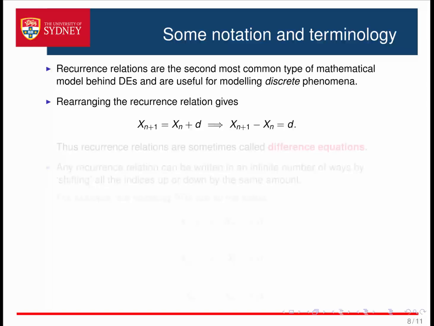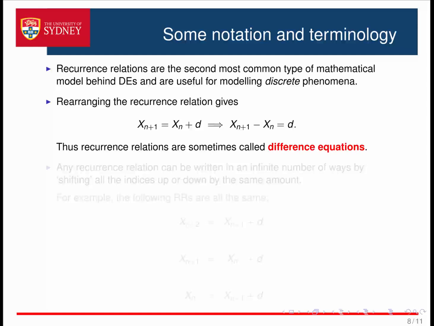For instance, if we subtract x_n from both sides, this gives x_{n+1} minus x_n is equal to D. Now, in this form, the left-hand side represents the difference between the club membership in one week and the club membership the week before. For this reason, this special form of the recurrence relation is called a difference equation.